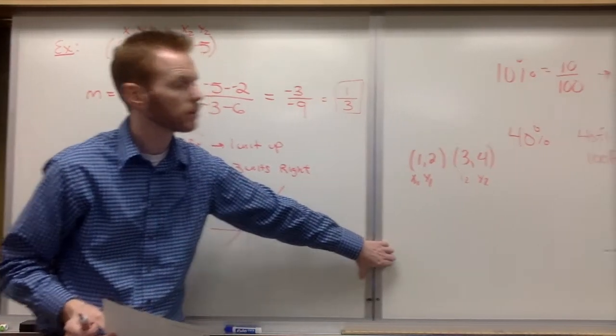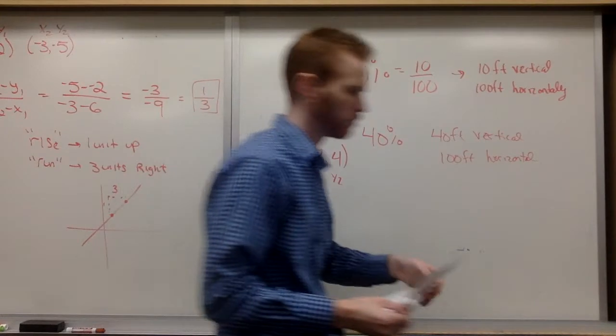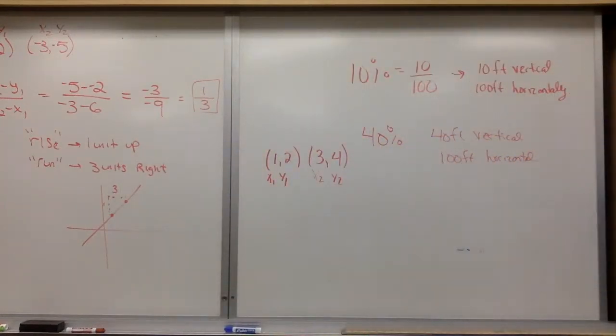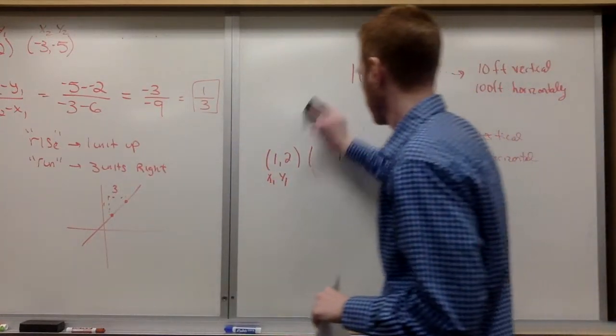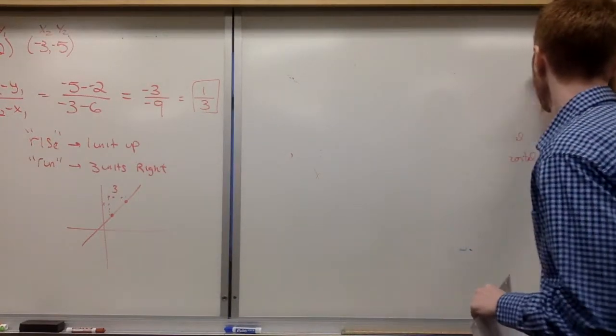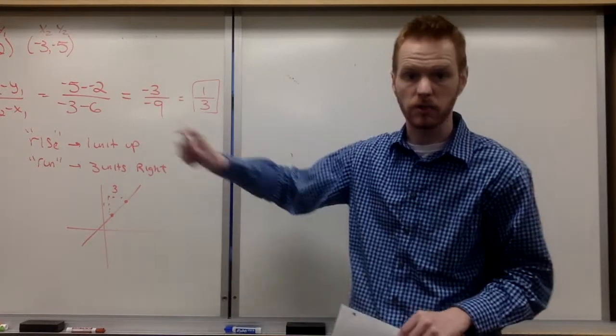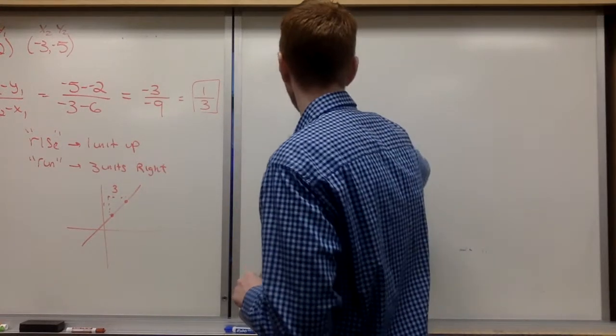I'm going to try and keep this board visible a little bit. And if you need more examples, I do have more examples in my notes. Okay, if you need some more practice with that. Okay.